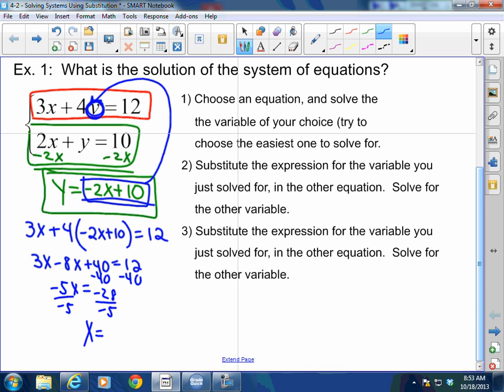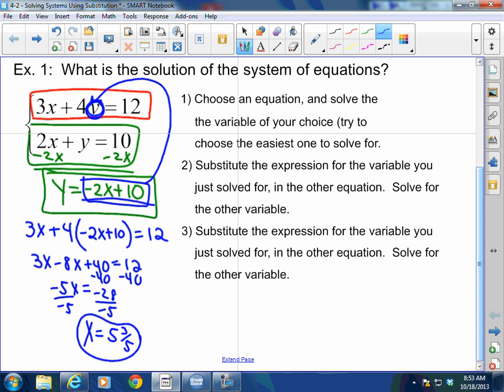So x is going to equal 5 and 3/5. So that's what my x value is. See, if we graph this, that would be kind of tough to estimate. Now we don't have to estimate. We can have exact answers. Does that make sense so far, everybody?